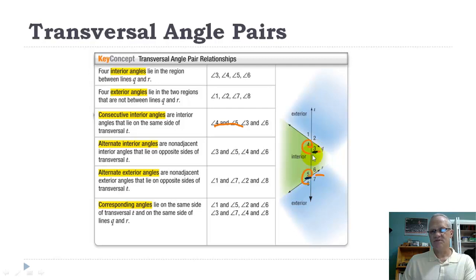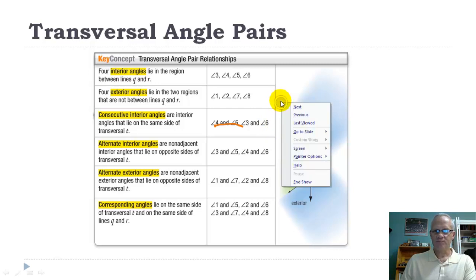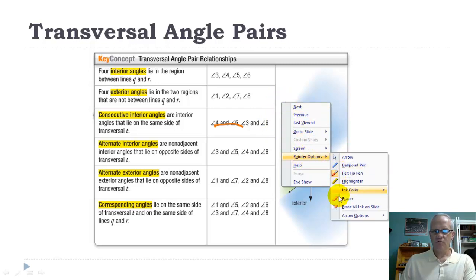They're on opposite sides and across on the other line there. Also 4 and 6, and so here's 4 and 6 then are also alternate interior angles. Okay, so they're both on the inside, but on the other side of the transversal and across on the other line there as well.